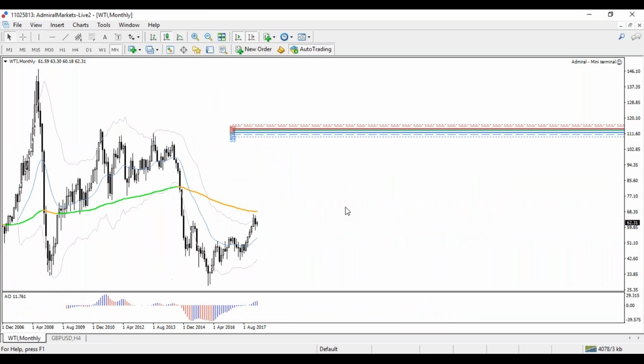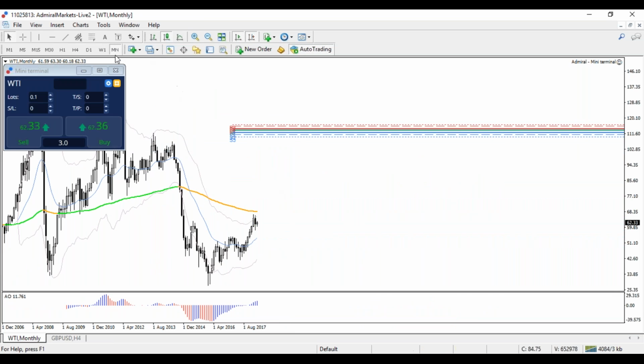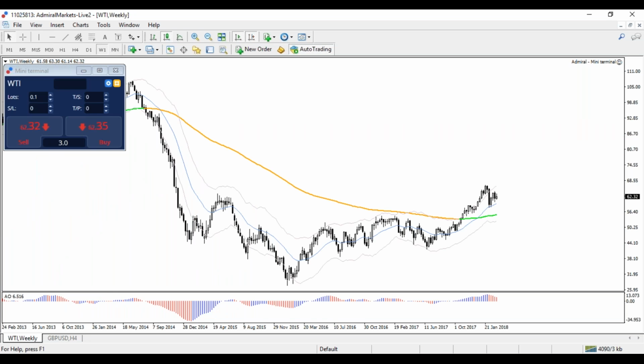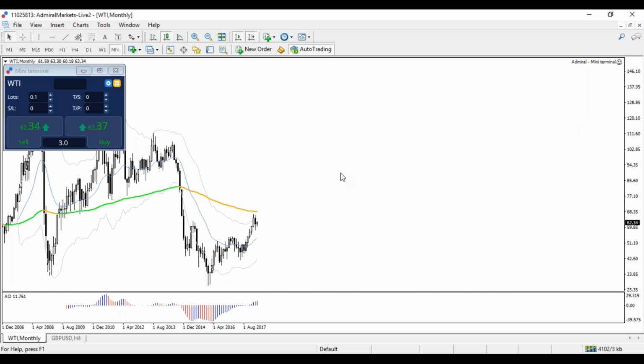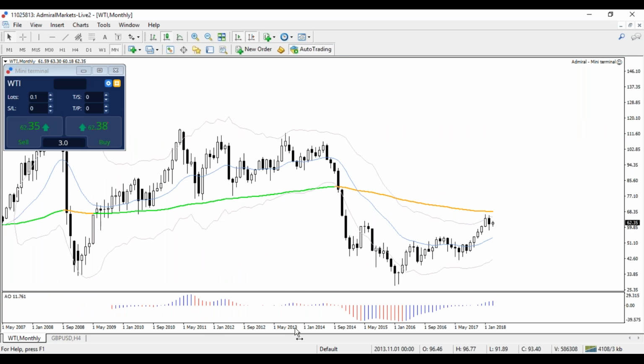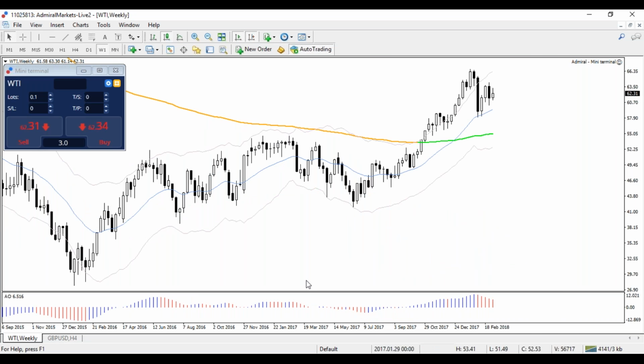Let me renew this template. Price is approaching the 144 EMA close. It is right at Keltner high. Let's put a fib from here to here.